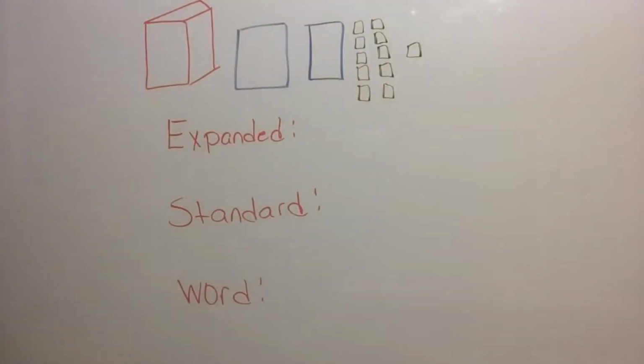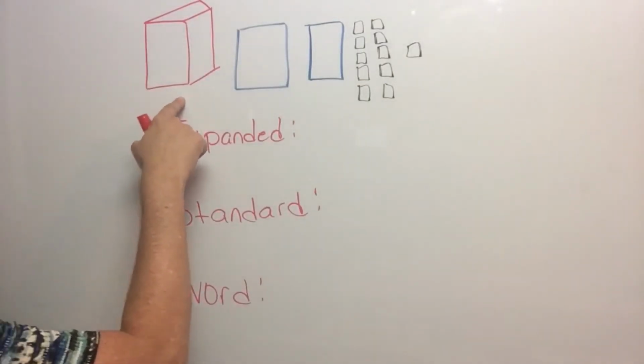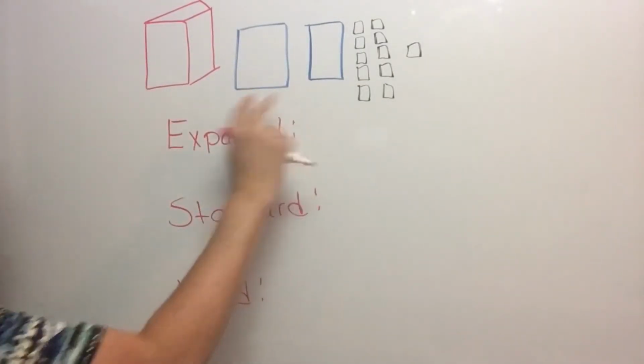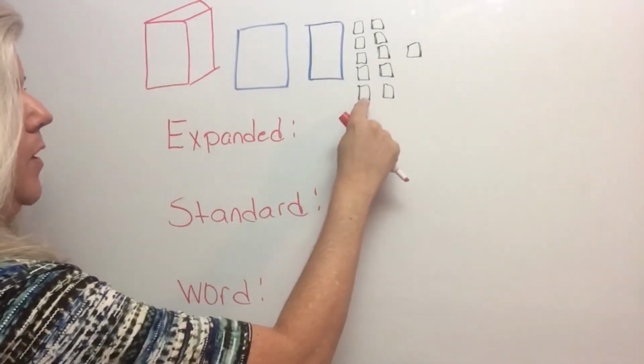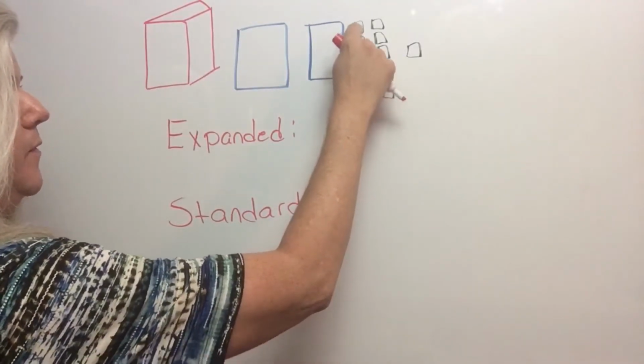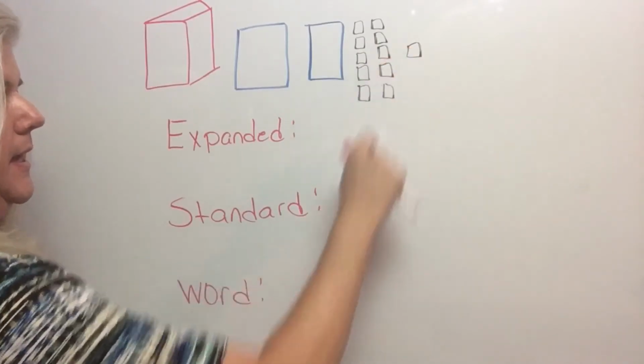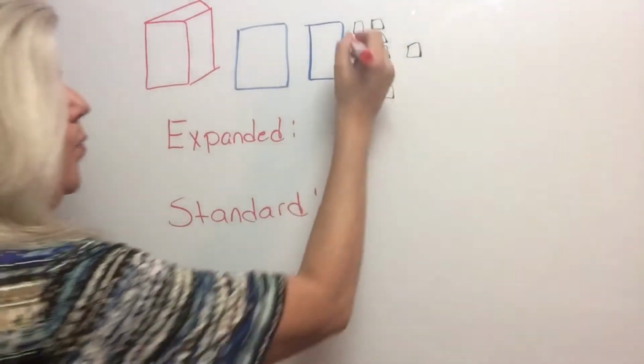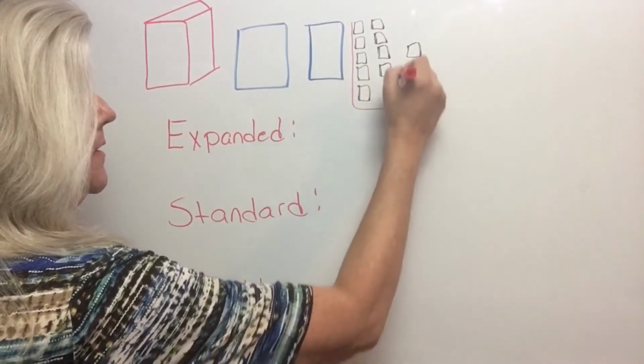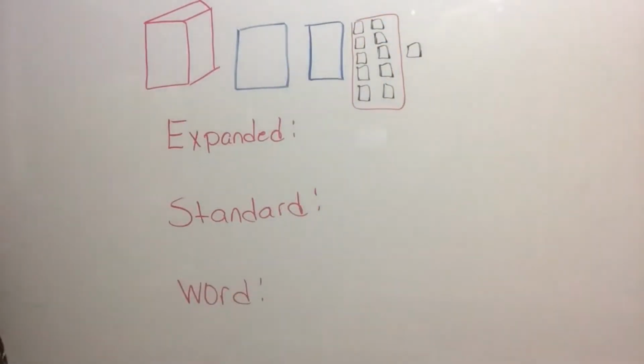Now in the next example, we need to be very careful because sometimes we can trade tens for hundreds and hundreds for thousands. So let's look at this problem. I see that I have 1,000, 200, but let's count how many ones we have. 1, 2, 3, 4, 5, 6, 7, 8, 9, 10, 11. It takes 10 ones to equal a 10 stick.